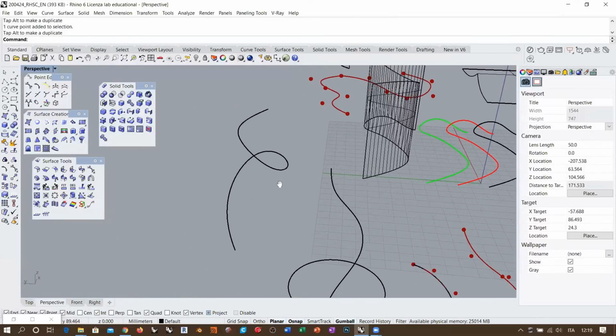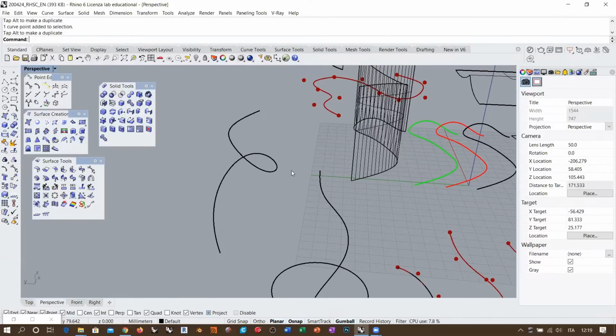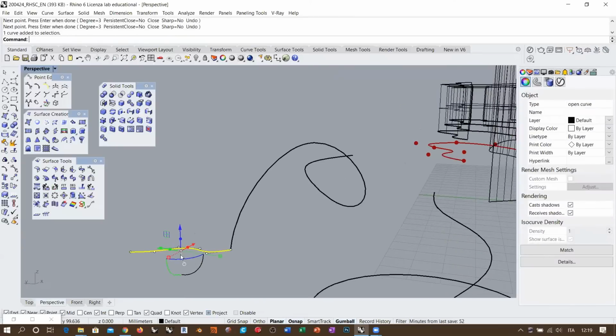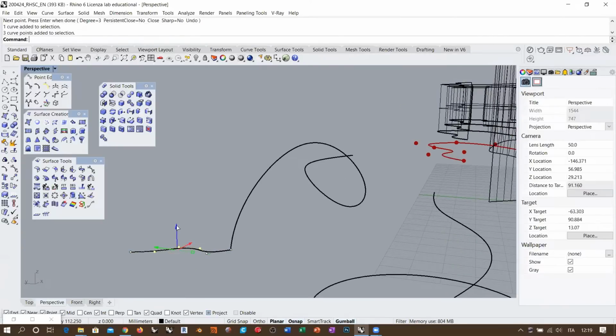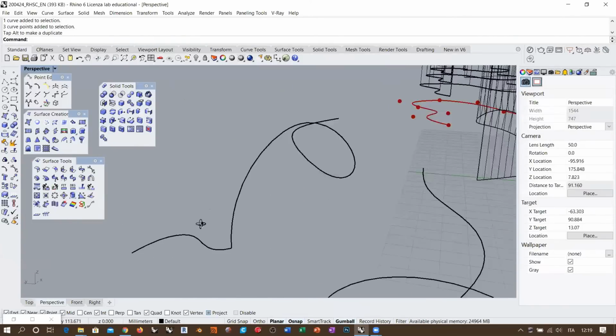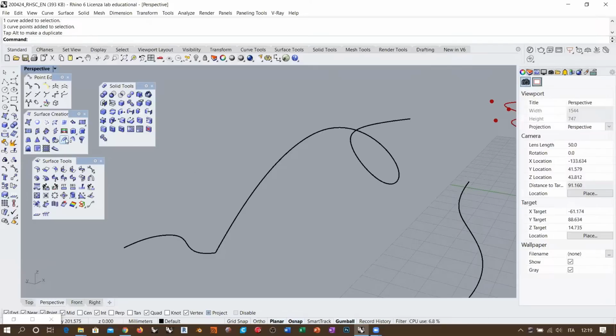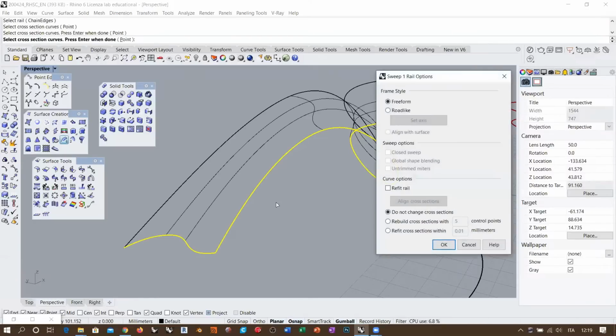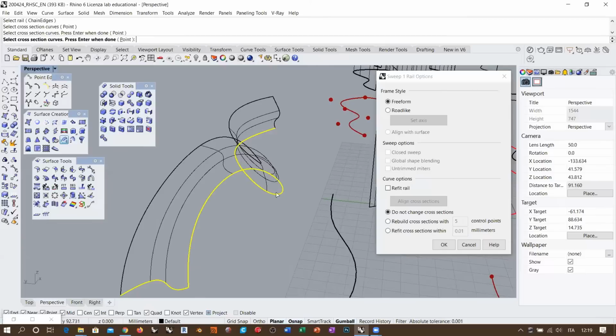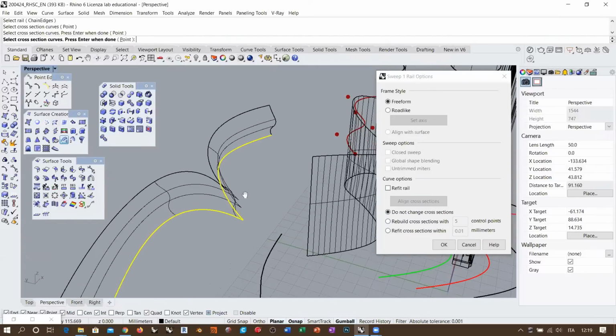And I want to create a sweep with this unique rail and a curve which is something like this, okay? And also with some internal deformation, okay? So if I try to do this rail cross-section, I start to get some strange result, okay?